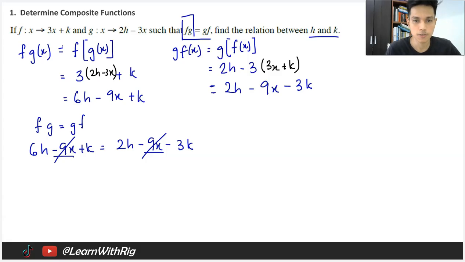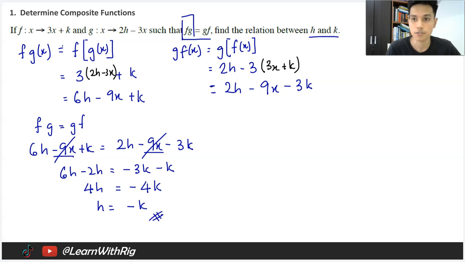So now let's shift the h and the k. 6h − 2h, and then here will be −3k − k. 6 − 2, 4h, here becomes −4k. So h is equal to −k. So this is the relationship, right?